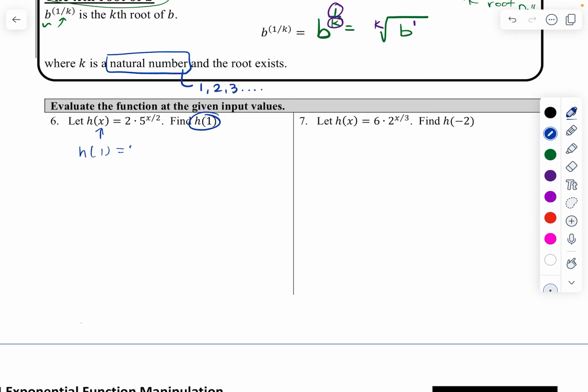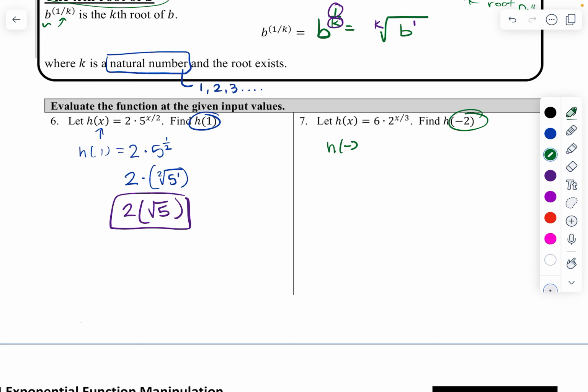So here we go, 2 times 5 to the 1/2. That's like saying 2 times 5 to the 1 over 2. Well, this fraction now becomes, I know the index is 2, and this is 5 to the 1. So we got 2 times the root of 5. Okay, last one. Let's evaluate it at -2.